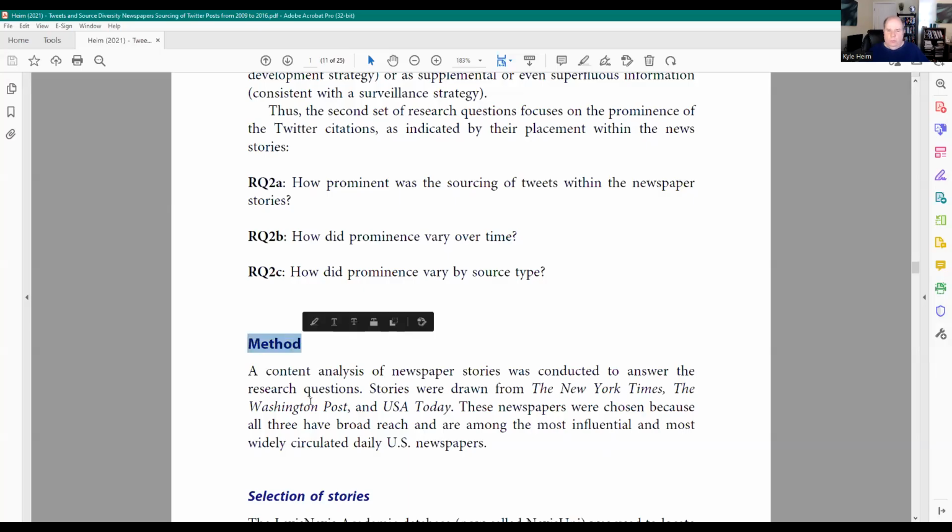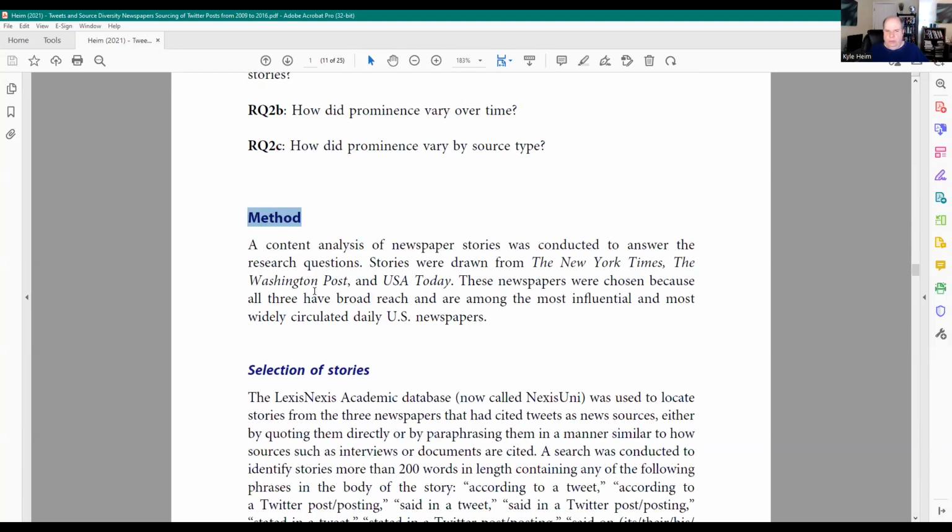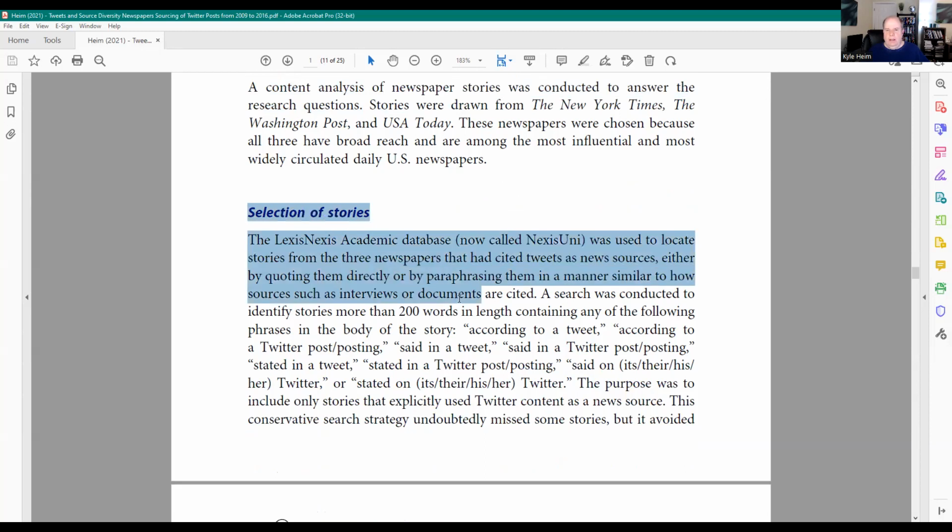So my method was, I wasn't actually studying people, I was studying newspaper stories. So my method was content analysis. A content analysis of newspaper stories was conducted to answer the research questions. And then I go on to explain how I collected my sample of news stories that cited Twitter.